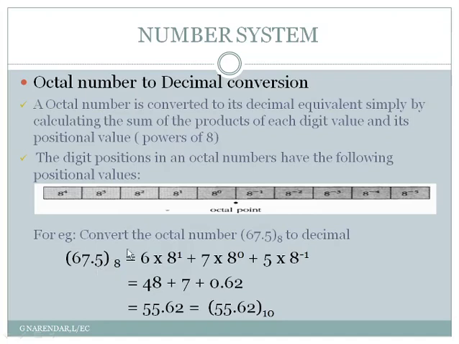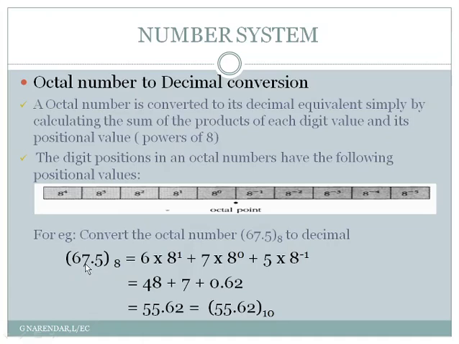The first position to the right of the octal point has a position value of 8 power minus 1. So take the digit 5 and multiply it with 8 power minus 1. There are no more digits towards the right, so go towards the left side of the octal point.